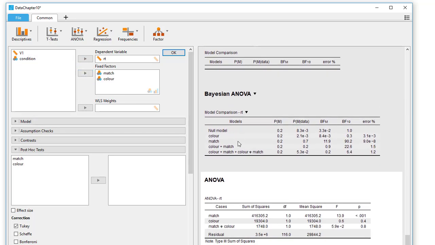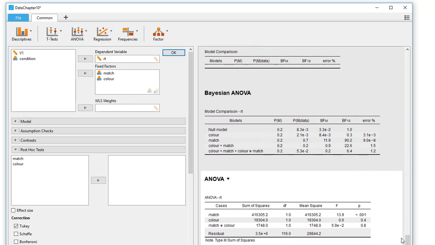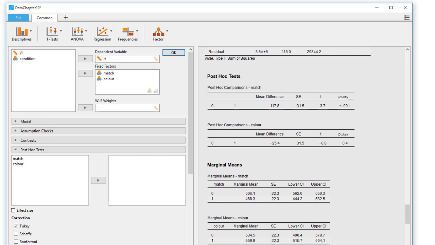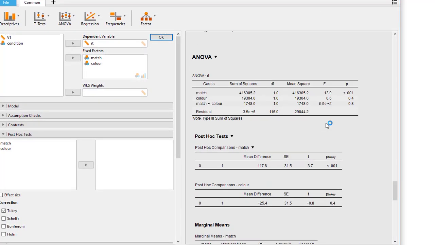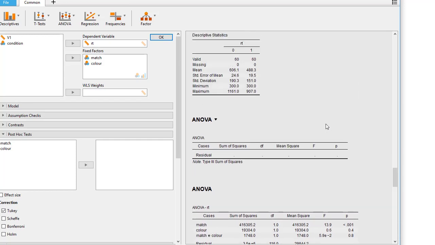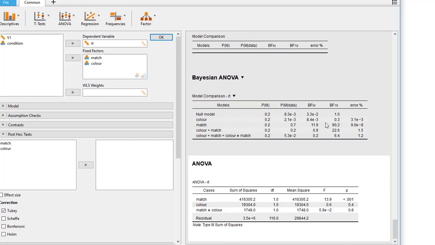And here, sorry, that's the old analysis of the Bayes factor. Here is the analysis that we are interested in. We've got the match effect sum of squares, the color effect sum of squares, and the interaction effect sum of squares.